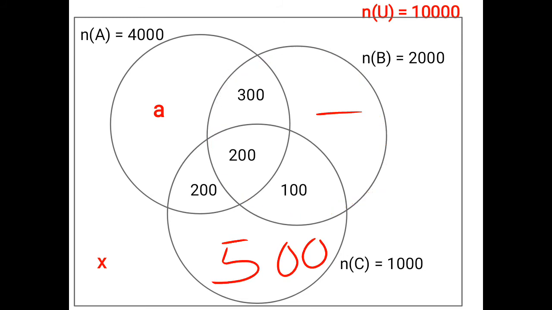So if the whole circle should give me 2000, and I have 300 plus 200, which is 500, plus 100, which is 600, then I know that this side is going to give me 2000 minus the summation of these three, which is 600, which is going to be 1400. So this side is going to be 1400.